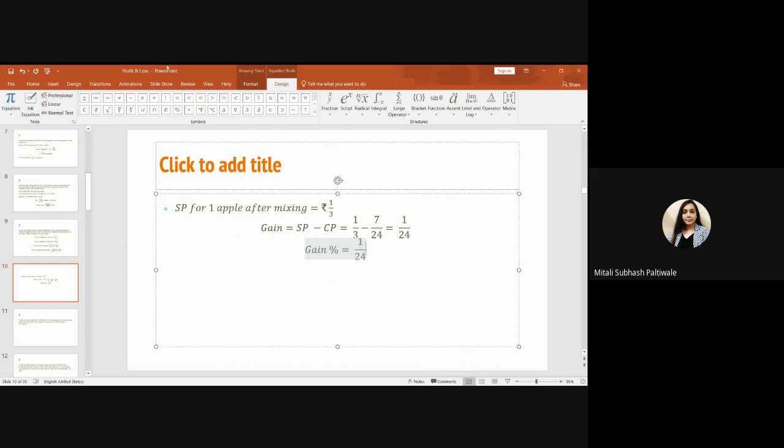For cost price, I'll put it directly as 24 by 7, not 7 by 24. Now we have to multiply it with 100 to get the gain percentage.